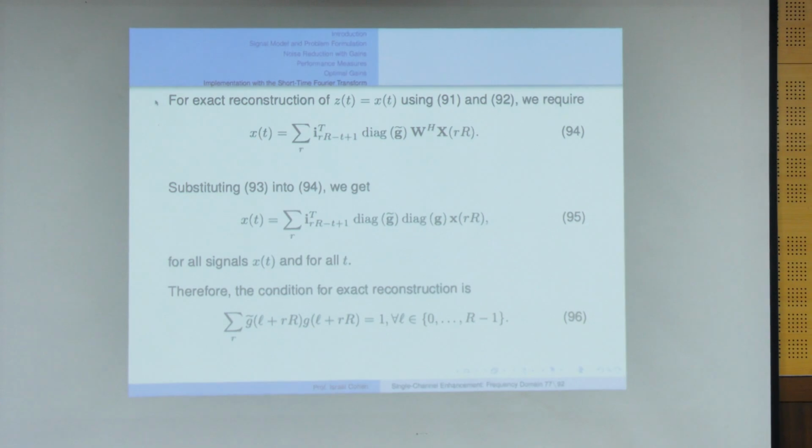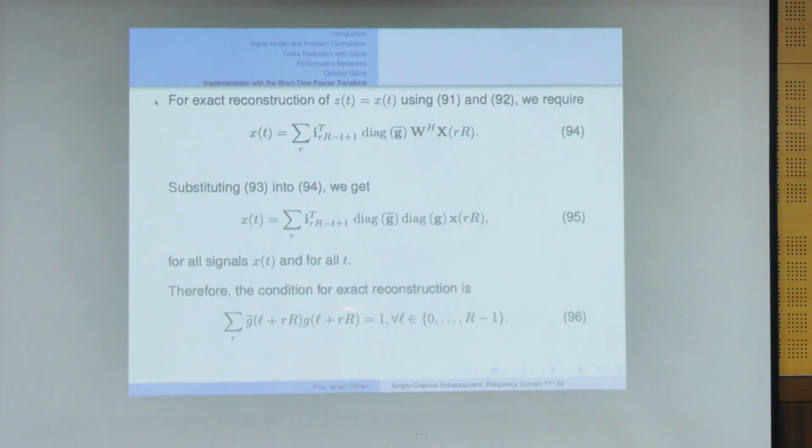So you see, it depends on what we chose for the analysis window, the G, and what L is, because L comes from the window G, its length is L. Okay? And then we have another parameter, R, which is how much we jump or move from one window to the next window. So all these determine what the synthesis window will be.